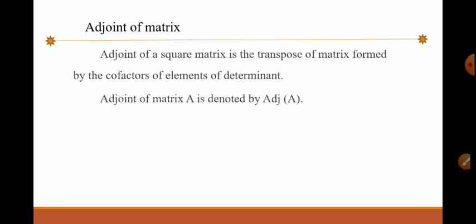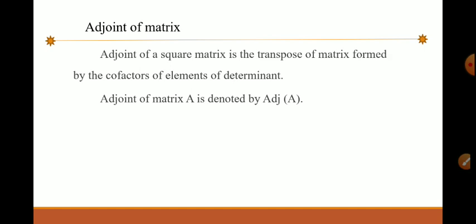Adjoint of a square matrix is the transpose of the matrix formed by the cofactors of elements of the determinant. Transpose means we have to interchange row and column of the matrix formed by cofactors of elements of that matrix or determinant.